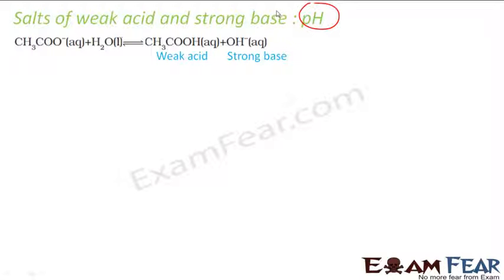Let's try to find the pH of the solution. For pH I have to find the H plus concentration first, but I have OH minus, so let's find the OH minus concentration first. OH minus is nothing but Ch, as we have seen: at equilibrium this was C into 1 minus h, and Ch and Ch. So the OH minus concentration is Ch.